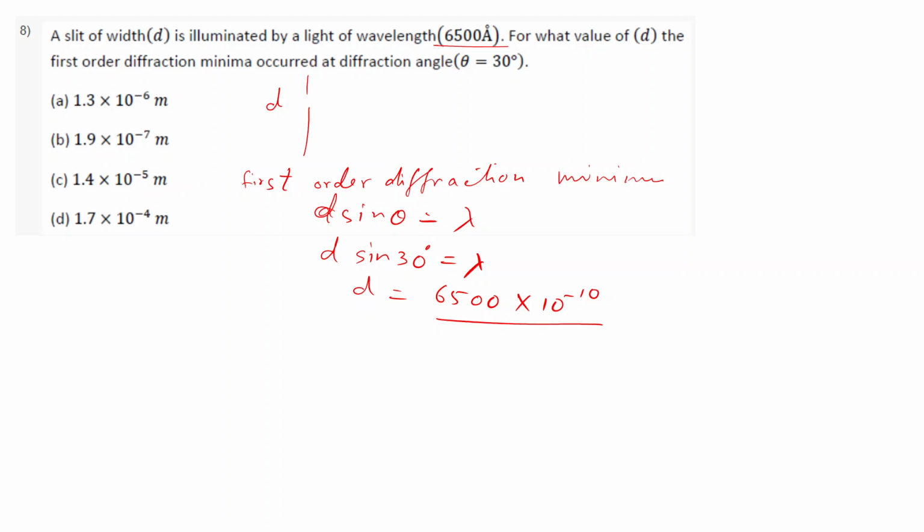Sine 30 is 0.5. And this will be 6500 divided by 0.5.